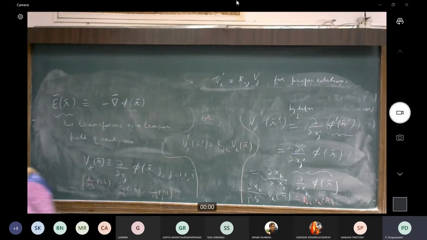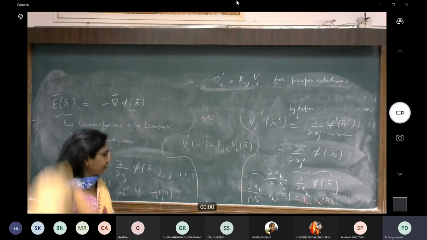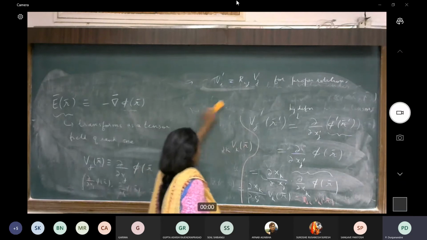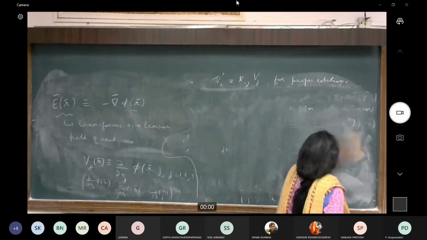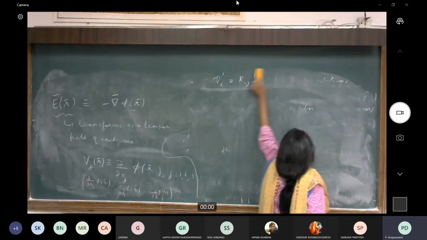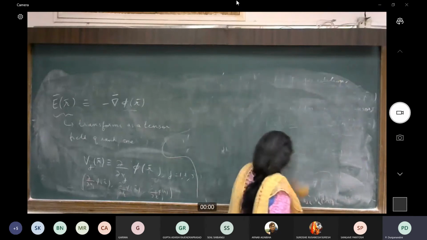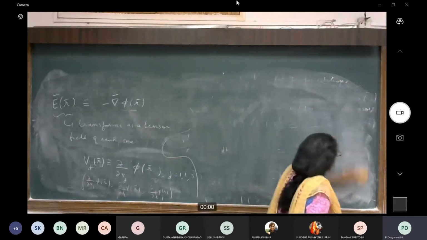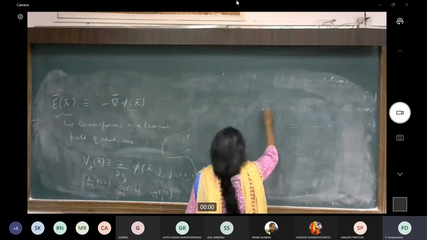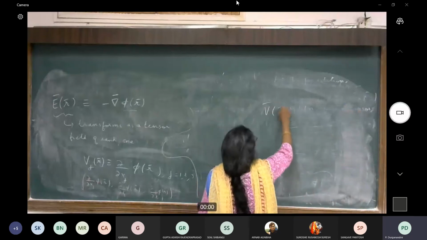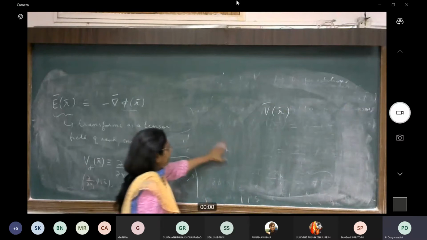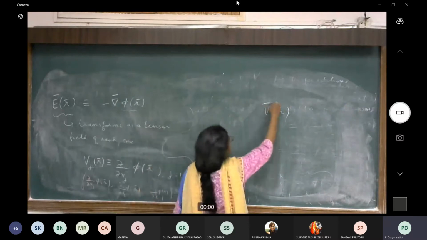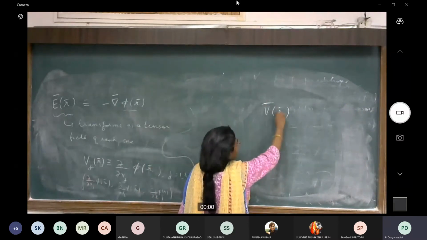Also, just like we saw that given two vectors I can construct a scalar, here I can do something more interesting. Suppose my V of R is a vector field, or a tensor field of rank 1. So I'm taking V, a vector field.